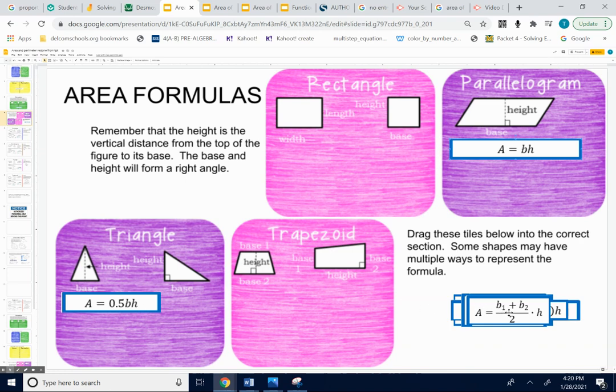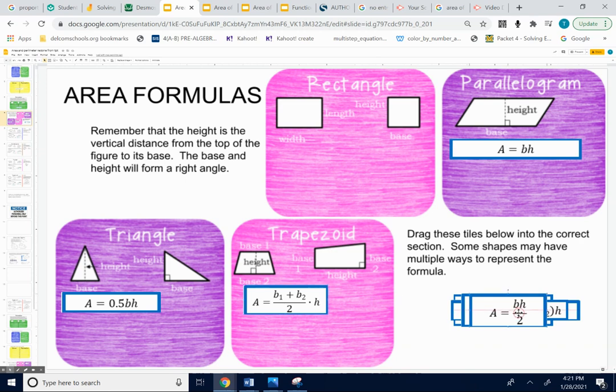Okay, this next formula is for a trapezoid. Okay, this formula says add the two bases up. Okay, in a trapezoid, you have two bases. Add the two bases up, divide by 2, multiply it by the height. Okay, that's one way you could do it.